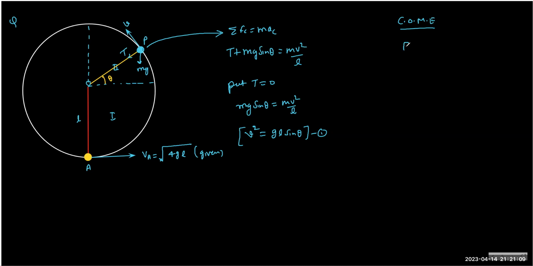Conserve the mechanical energy at A and B. So we have to find theta, right? Because we know that at some angle this will happen. So we need to know at what angle this will happen.